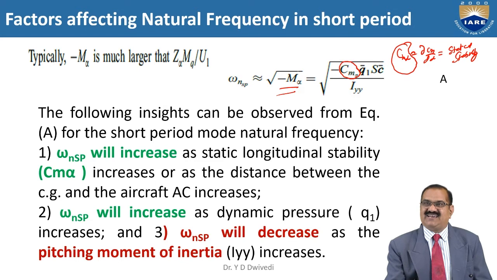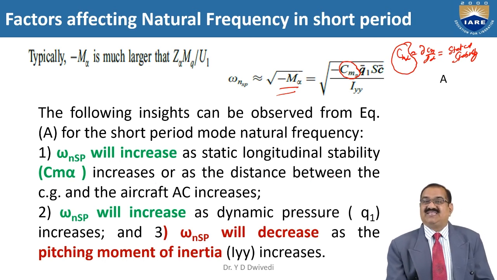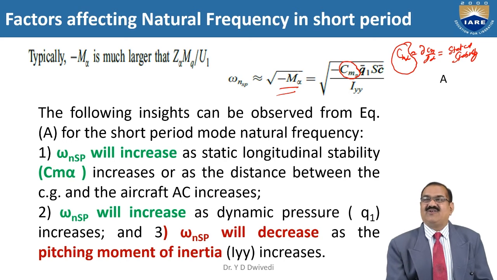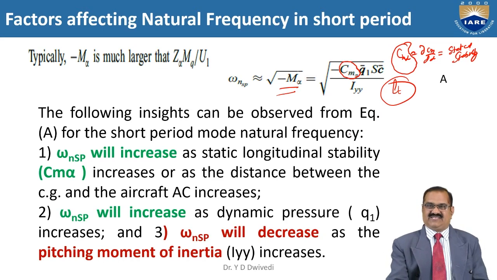So this natural frequency is directly proportional to the longitudinal stability Cm alpha. Cm alpha increases as the distance between the CG and the aircraft AC increases. This Cm alpha depends upon the tail arm l_T. As it increases, the distance between AC and CG increases, and your omega n SP will increase.